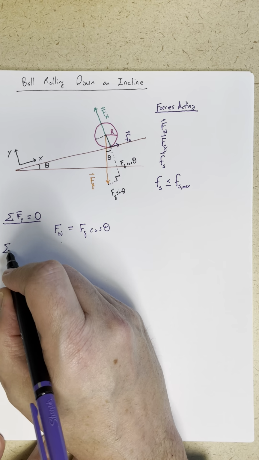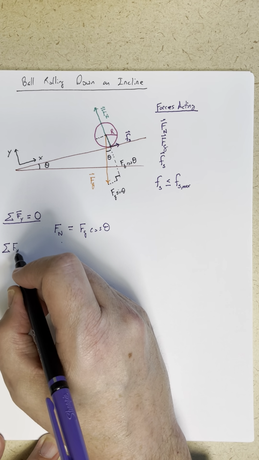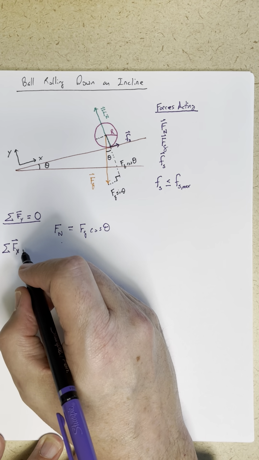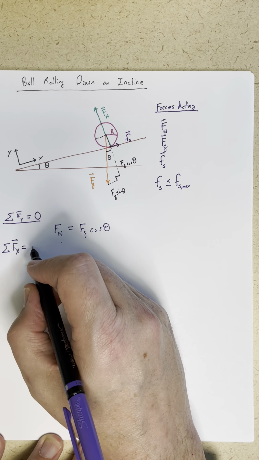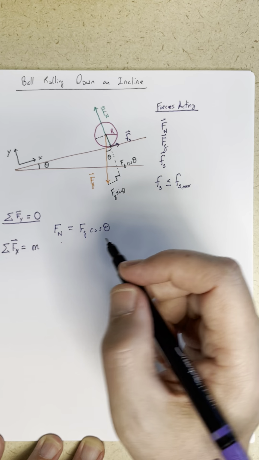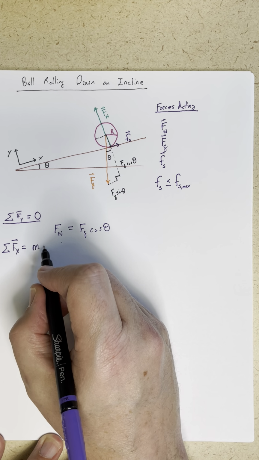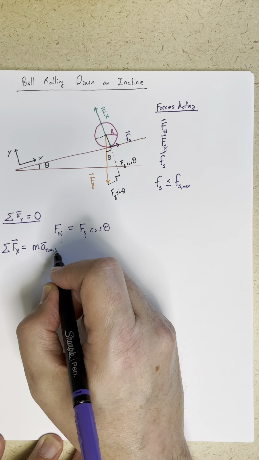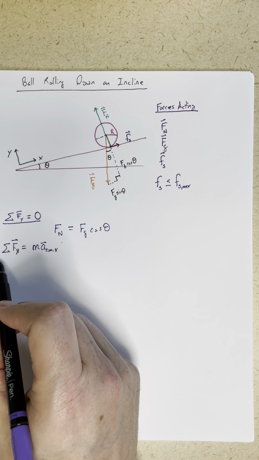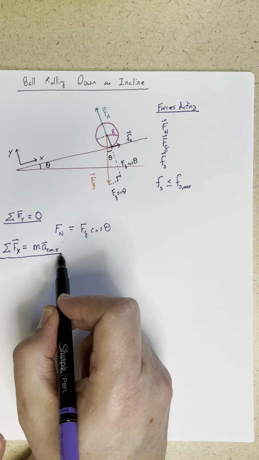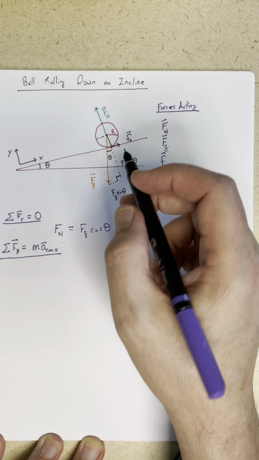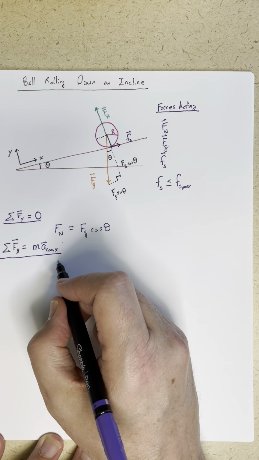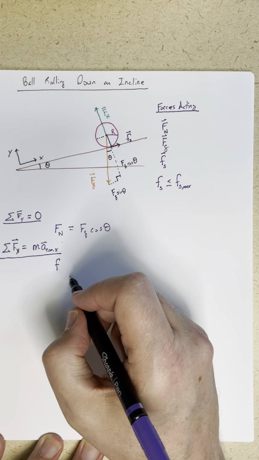In the horizontal direction, my x coordinate, I add up all of the x components of forces, and that's going to give me Newton's second law of motion, mass of the ball times the acceleration vector at center of mass, x component. So I've got the force of static friction pointing up the incline, so that's positive.